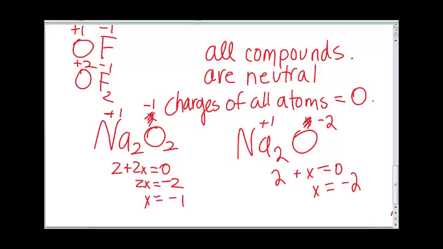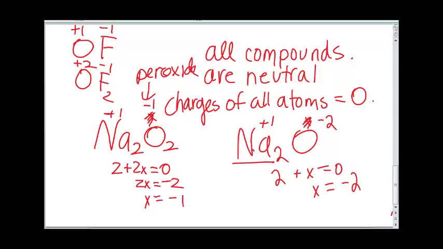So just because it's in a binary compound with a group 1 metal doesn't necessarily mean it's going to be -1. You should calculate it to see what you need to make them equal 0. Na2O2 is an example of what we call a peroxide. When oxygen has the -1 charge, it's actually a polyatomic peroxide.